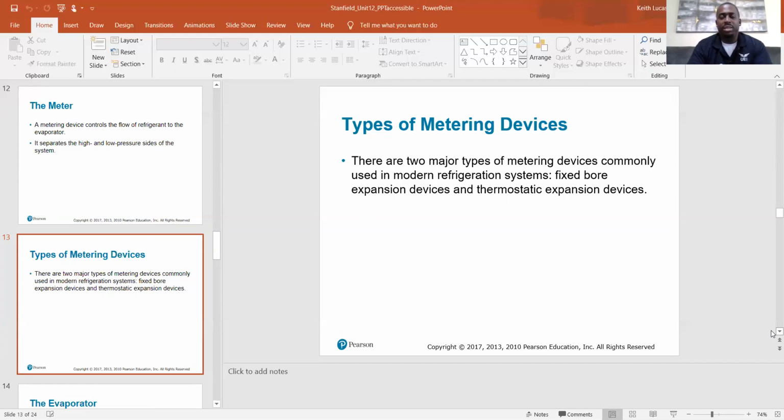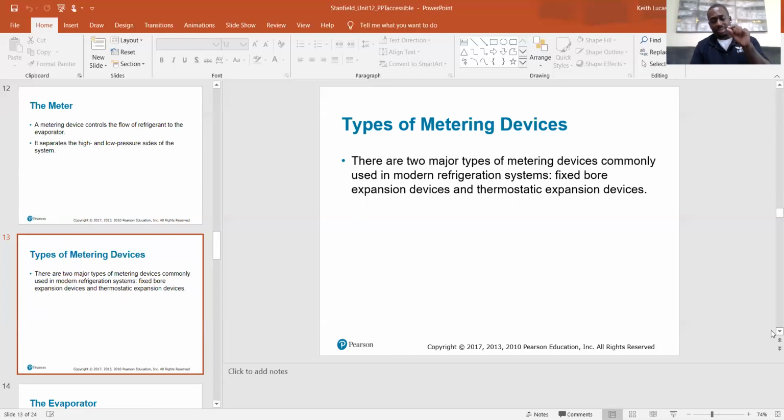But basically, it's non-adjustable. It's a fixed size. A capillary tube is just a really skinny pipe, and so the size of the pipe coming into the metering device is going to be a lot larger than the cap tube itself. Let's say you've got a 3/8 inch pipe coming into the metering device.